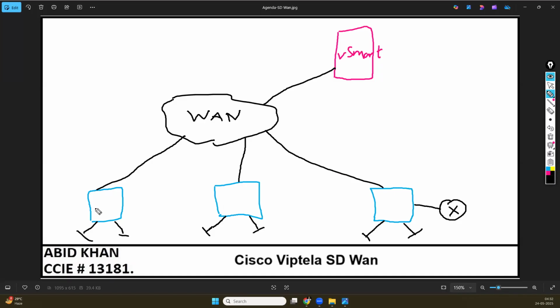So this is, let's say, a vEdge, or it could be a cEdge. Collectively, we call them WAN edges. This is a vEdge. Let's say this WAN edge has 2 segments, A and B, 2 networks or 2 subnets.